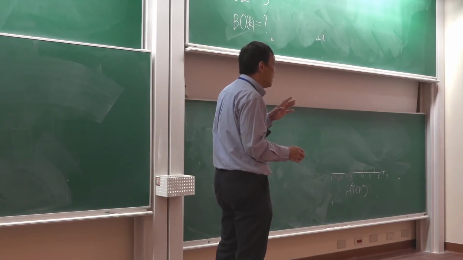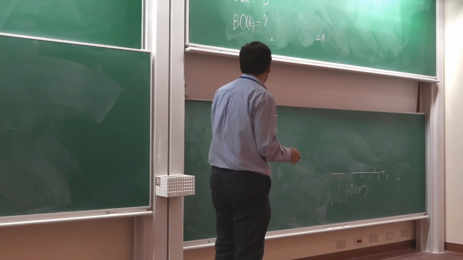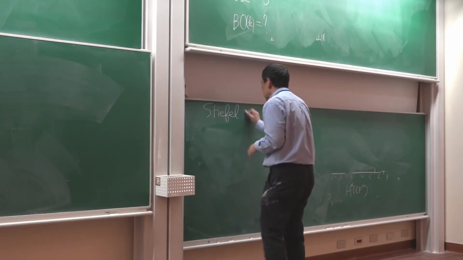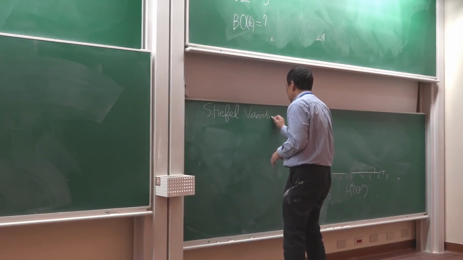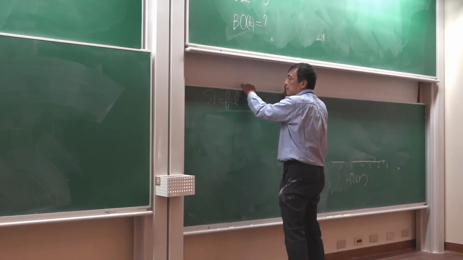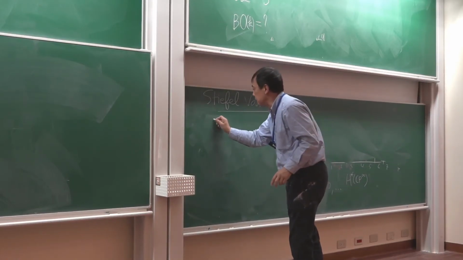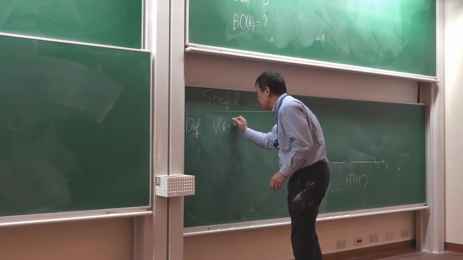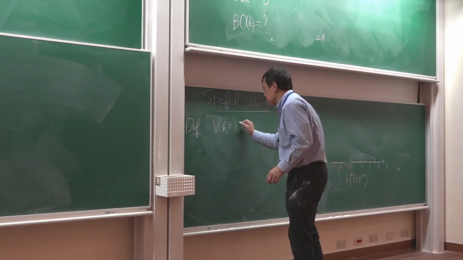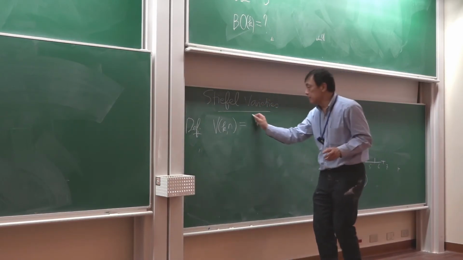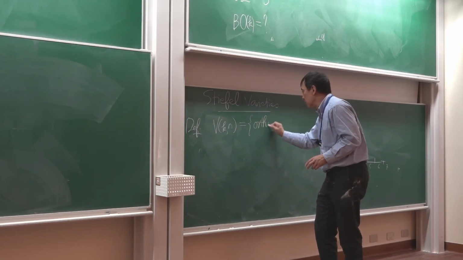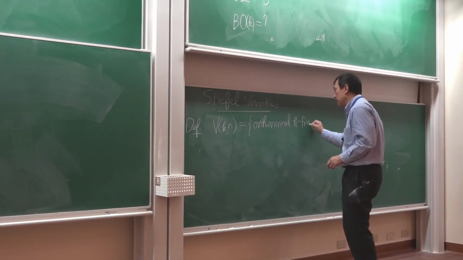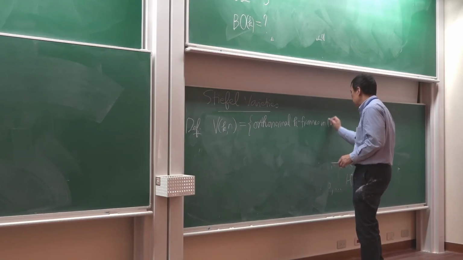Now S infinity came from Sn. So the generalization of Sn is Stiefel varieties. Now Stiefel varieties, V_K,n, it's the set of all orthonormal K-frames in Rn.